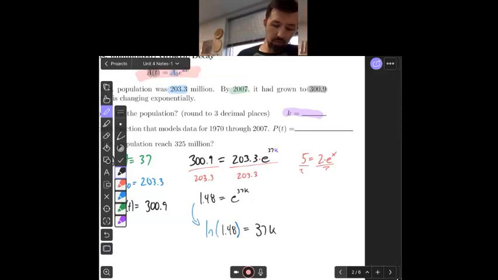If you're of the ilk that looking at that 1.48 equals e to the 37K, you don't understand what to do with that, as something as simple as this, guys, I've seen this make a big difference to people. I've seen a lot of students get confused because pretty much every problem we've done up to this point, the power has been on the left side and the constant's been on the right.